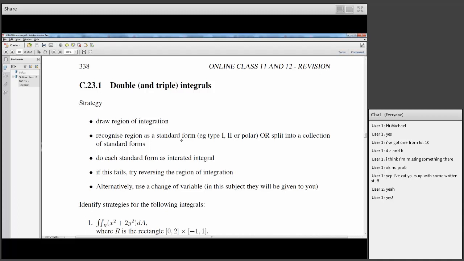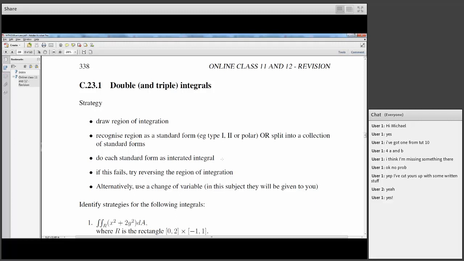Or you might notice it's both, so you go, I know I've got the flexibility to do it either way as I see fit. Once you do that, change to polar coordinates as appropriate, but otherwise, pretty much do it as an iterated integral from whatever type. So if it's type 1, integrate the y's first. If it's type 2, integrate the x's first, as the case may be. So do the iterated integral.